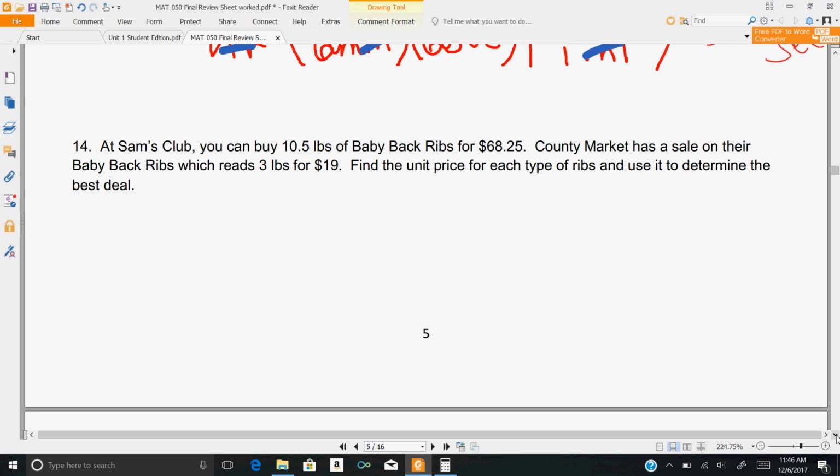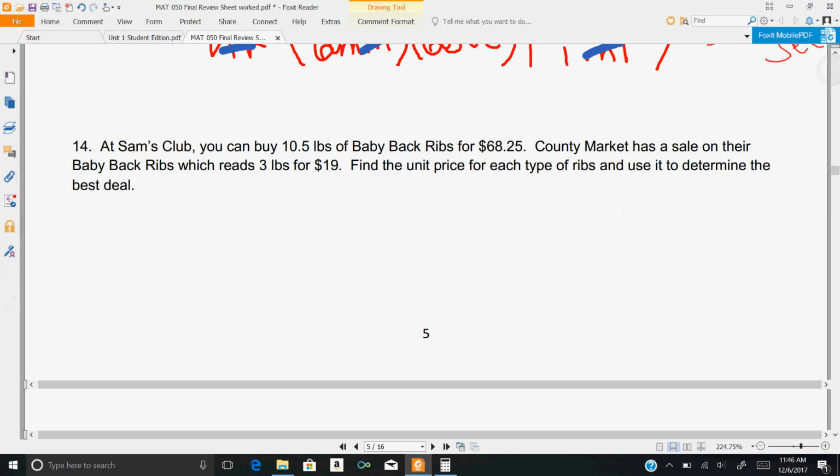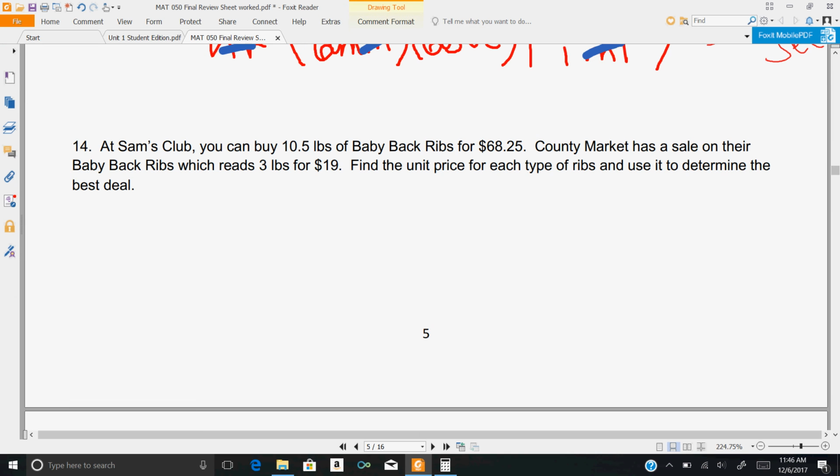So I'm going to see how much is in 1 pound. So in order to do that, I need to take the 68.25 and I need to divide that up into the 10.5 pounds. How much of that 68.25 am I paying for each pound?